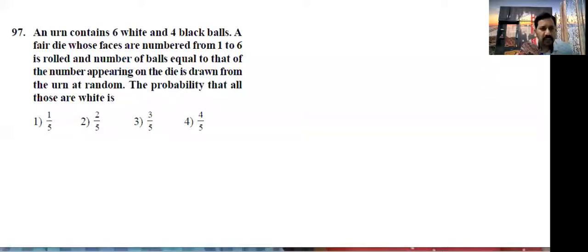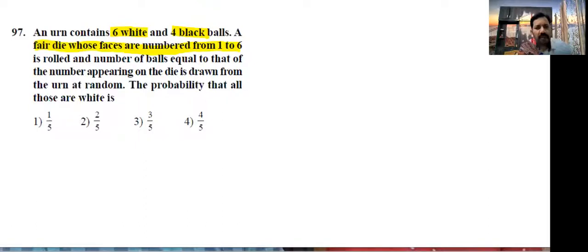Read the question. An urn contains 6 white and 4 black balls. A fair dice whose faces are numbered 1 to 6 is rolled.